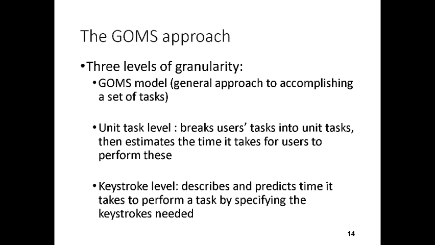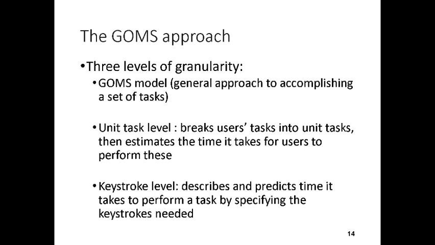Alright, the GOMS approach has 3 levels of granularity. GOMS model is a general approach to accomplishing a set of tasks. So that's the bigger picture. Then it breaks down to the unit task level.